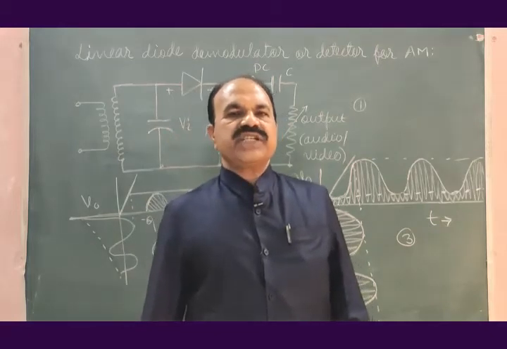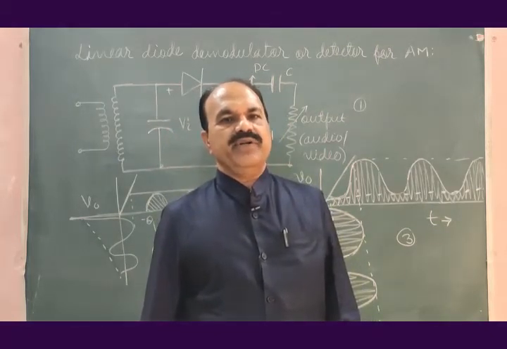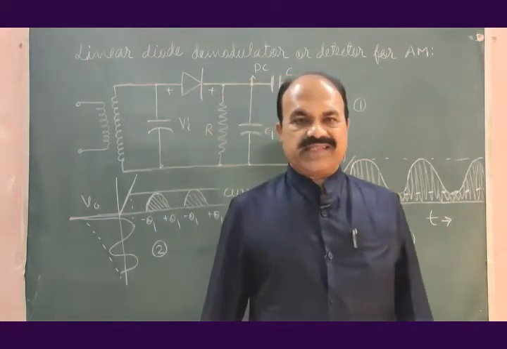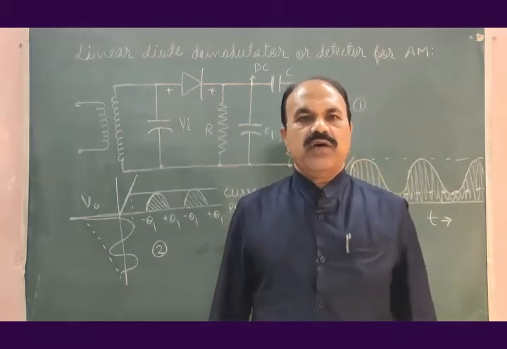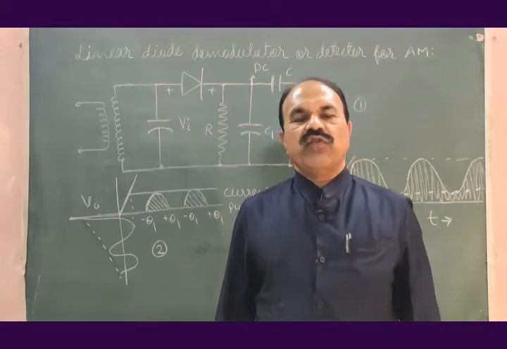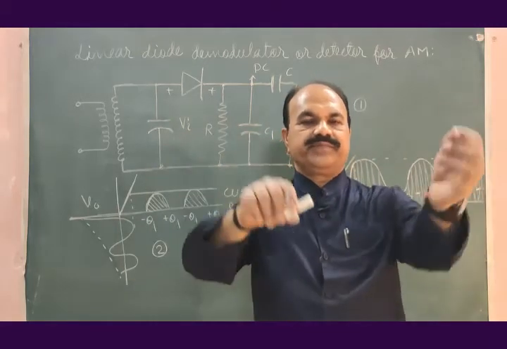the information is contained in lower sideband term and in upper sideband term, and therefore to extract the information, to recover the information from the lower sideband or from the upper sideband, we need a circuit.